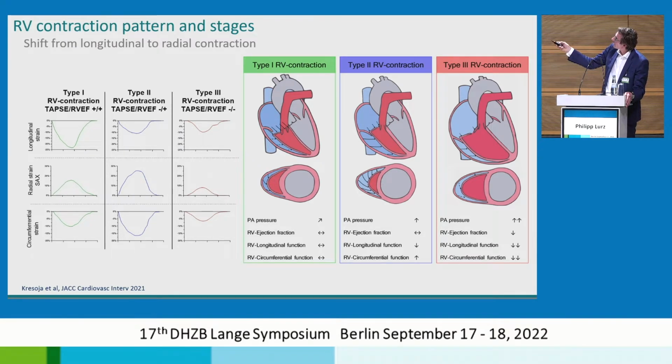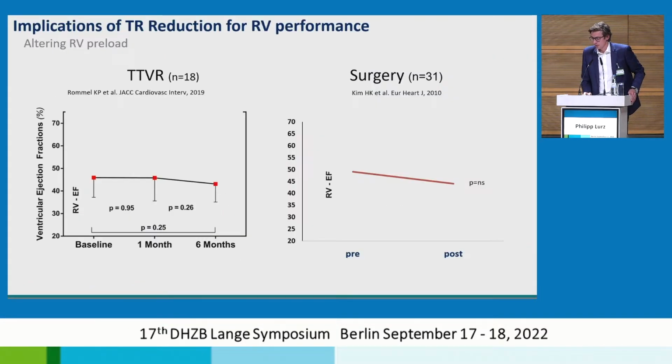So type 1 and type 2 have the same ejection fraction, they probably have the same function, but if you only look at TAPSE as a longitudinal marker of contraction, then you totally underestimate the function or overestimate the dysfunction. And then obviously when you lose longitudinal and radial function, then you have the worst state, and that's also the group of patients with the worst prognosis. So assessing RV function in pressure overload is, again, complex.